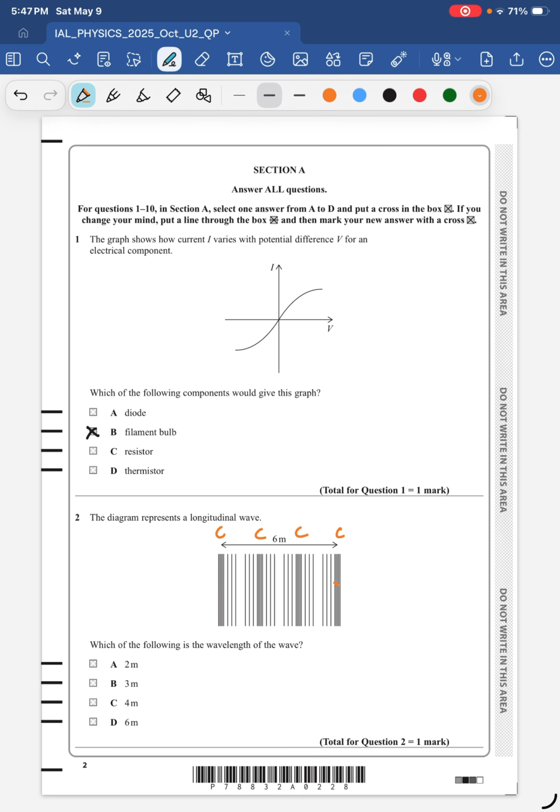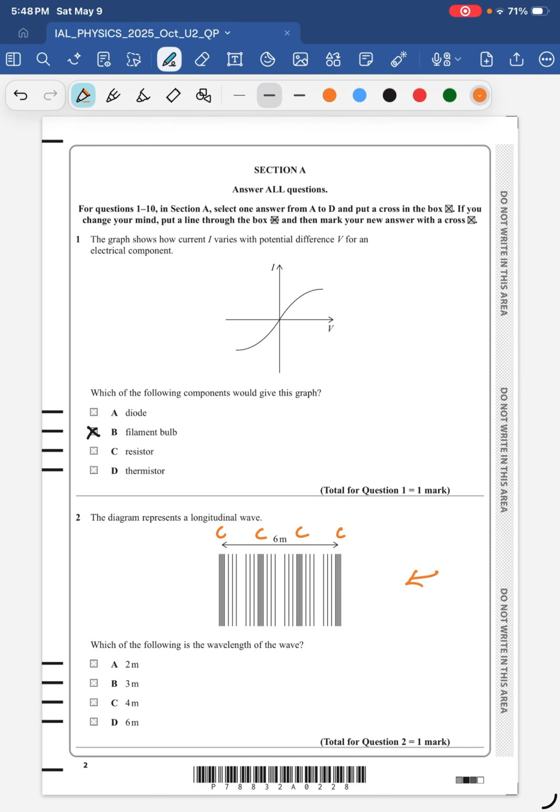The compression is where the lines come really close together, because in longitudinal waves, particles oscillate in the longitudinal direction. So at some points they have compressions, and then you have rarefactions. Let's mark them in red. So that's a rarefaction, another rarefaction, and another rarefaction.